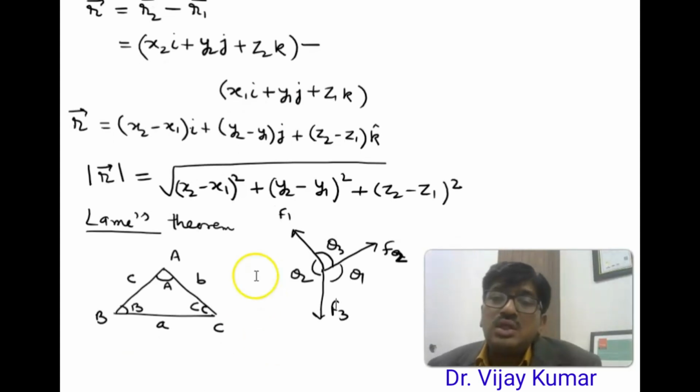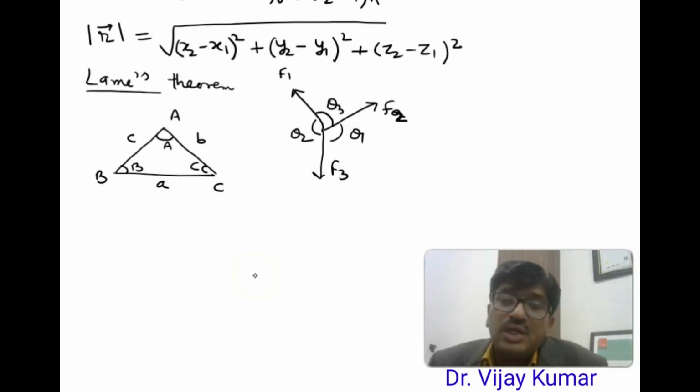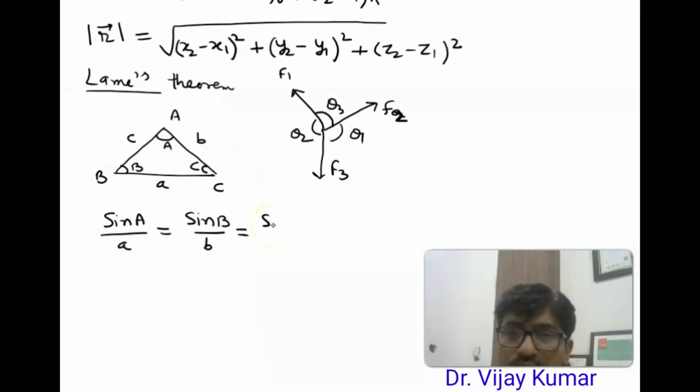In case of a triangle, we can write sin A upon a equals sin B upon b equals sin C upon c.